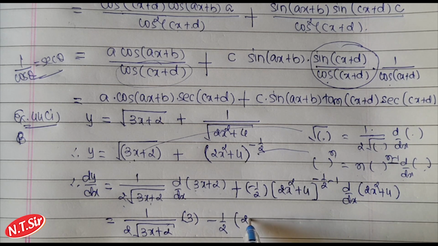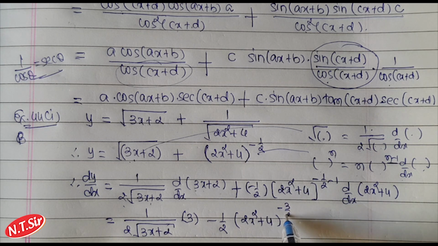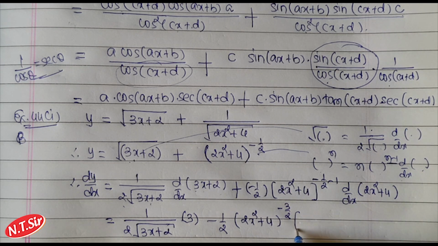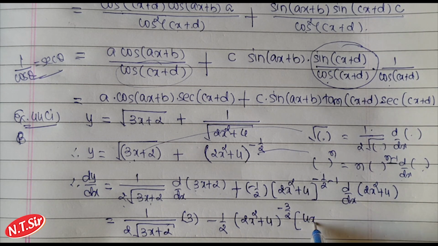This is 2x square plus 4 raised to minus half minus 1, that is minus 3 by 2, and derivative of 2x square is 4x and plus 4 is 0.